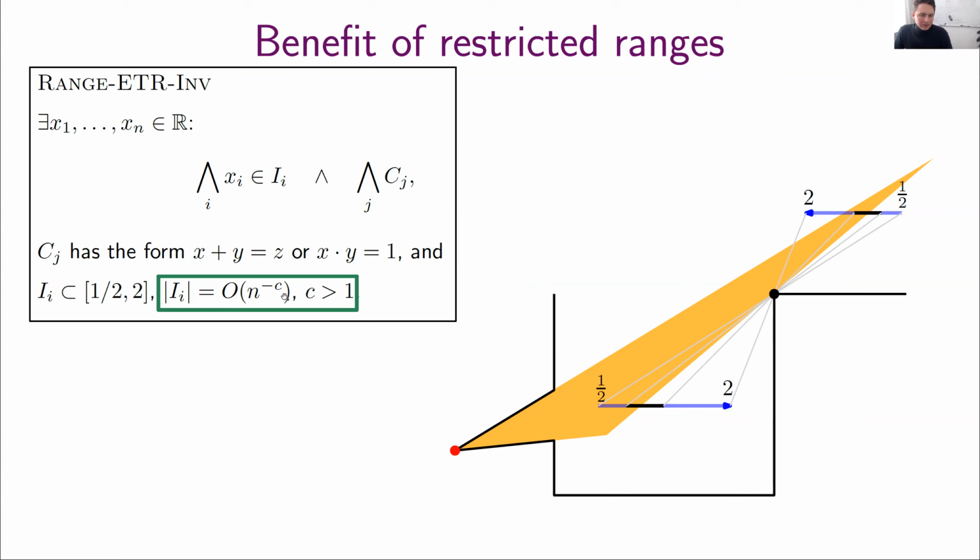And because it's n to the minus c, we can think of it as basically just a point. So we need only some infinitesimal flexibility to rotate back and forth and represent different values. And that will make it much easier to make a construction that will work. And that's the reason why this is a good problem to reduce from.